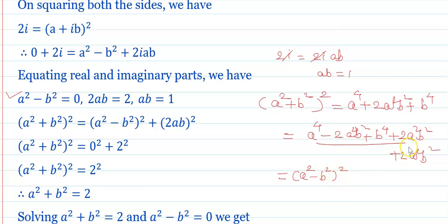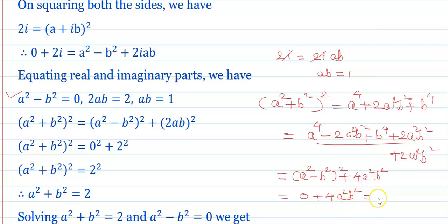Okay, and you have 2a square b square plus 2a square b square, then you will get 4 a square b square. Here is a square plus b square. Now what is the value of a square minus b square? The value of a square minus b square is 0 plus 4 a square b square.